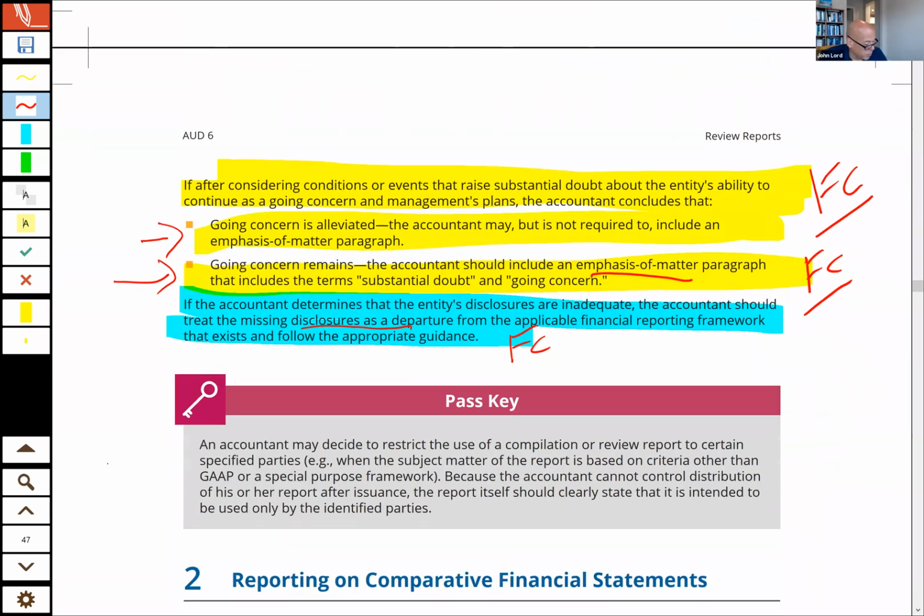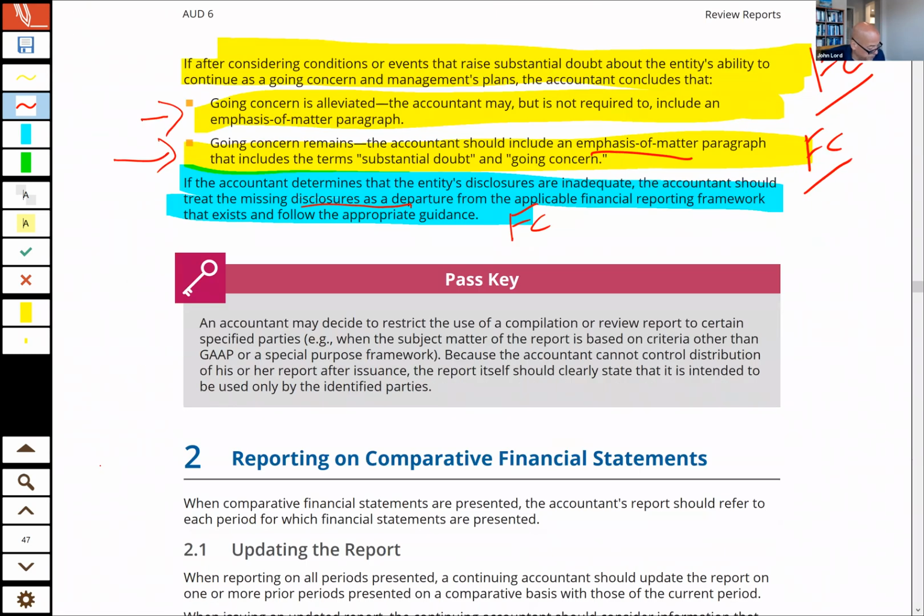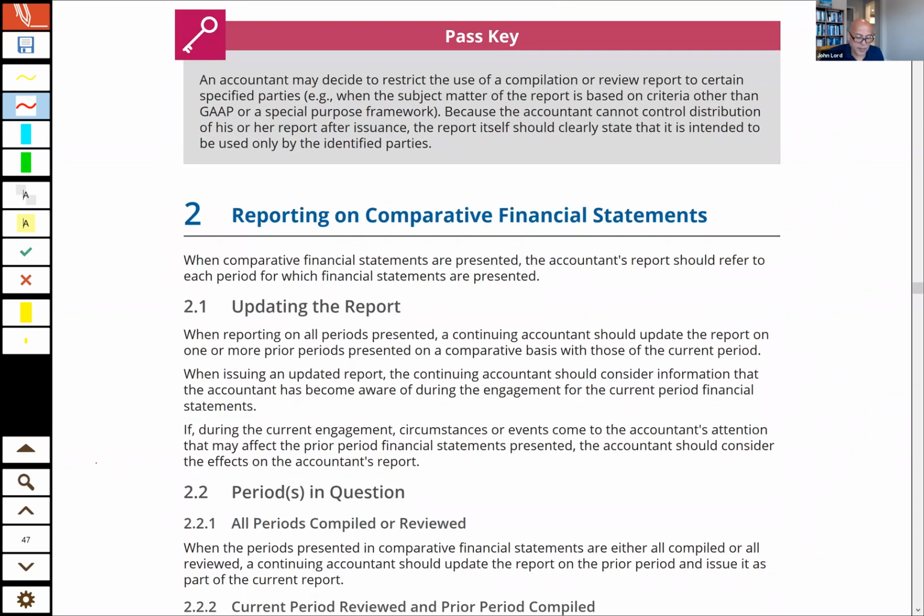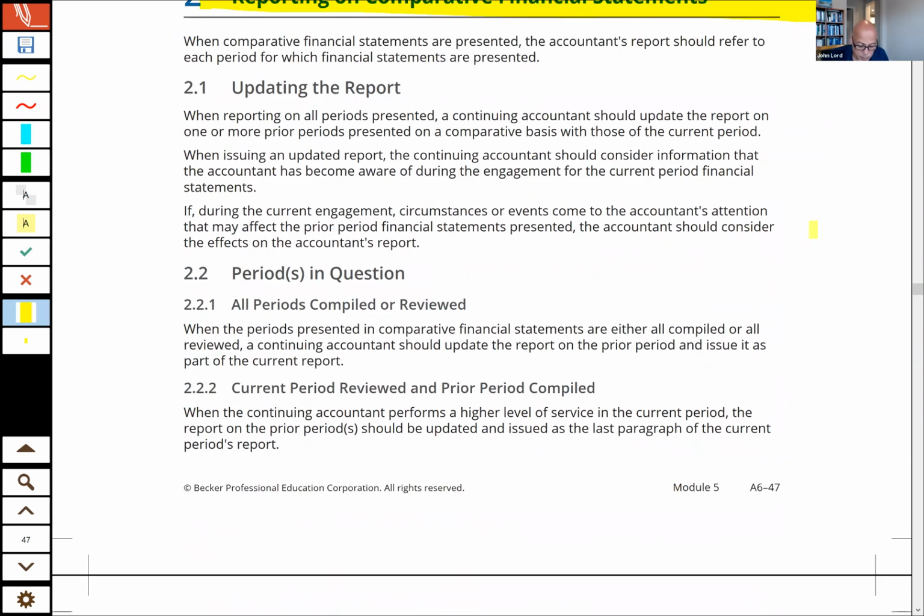Okay, good. Come over, and that's the end of the discussion of the review report. Now let's come over and talk about reporting on comparative statements. Comparative statements are going to sit here, and we're going to have, say, 2021, and we're going to put that in a column or format right next to 2020, right?